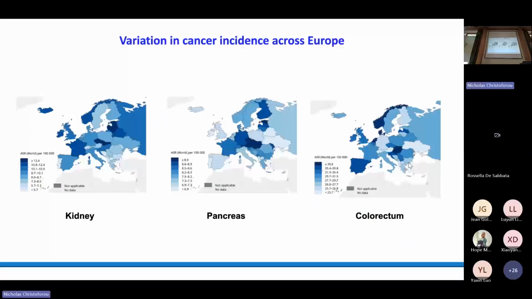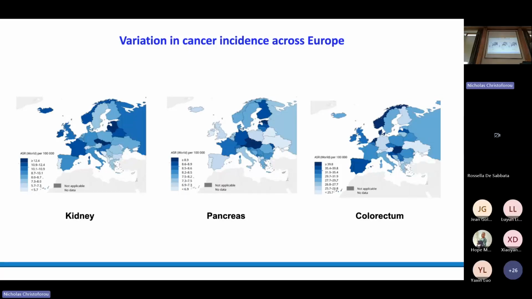So the rationale for DISCERN was really trying to understand variation in incidence rates of these 3 different cancers across Europe. So if we look at kidney, pancreatic, and colorectal cancer, we can see there is some marked variation in incidence rates in different European countries. So particularly for kidney and pancreas, we see these hotspots of high incidence in many Eastern and Central European countries.